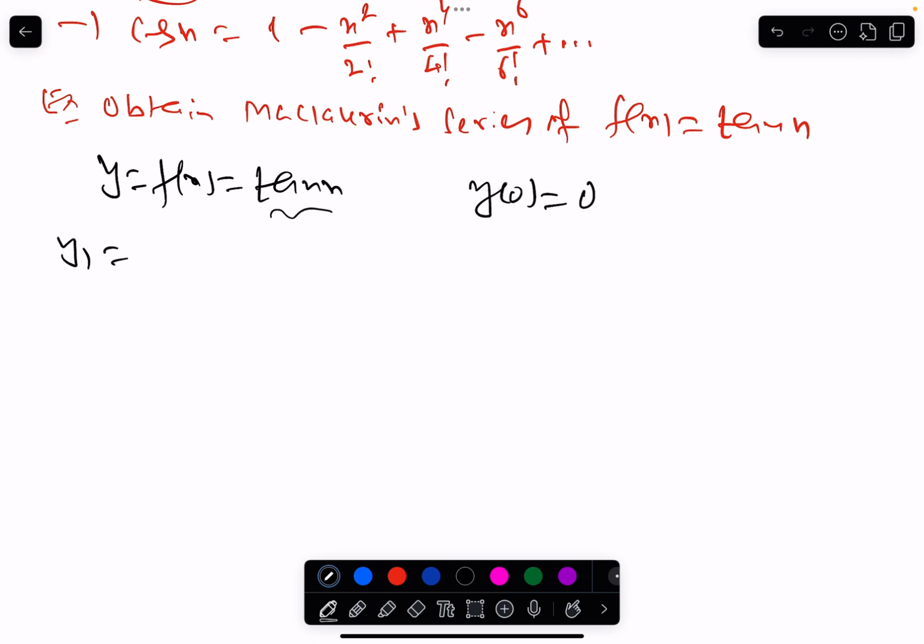Now the first derivative y1 is the derivative of tan x, which is sec square x, and y1 at 0 is 1, since sec 0 is 1. But you can write sec square x as 1 plus tan square x, or we can say 1 plus y square.